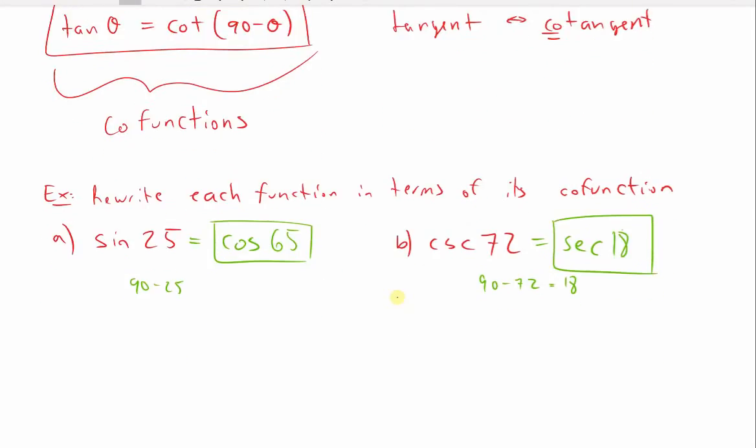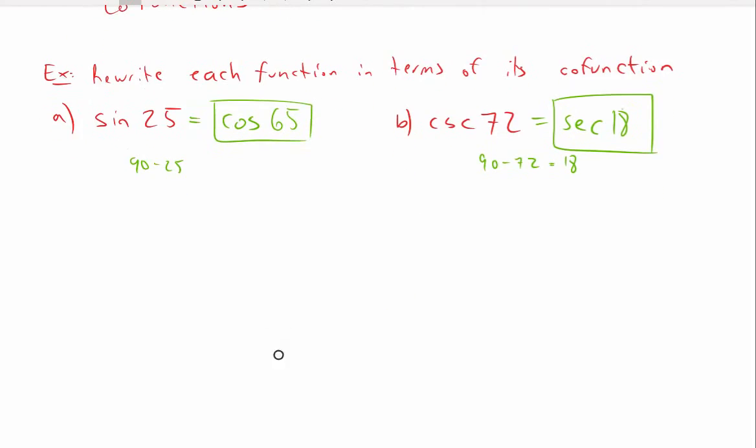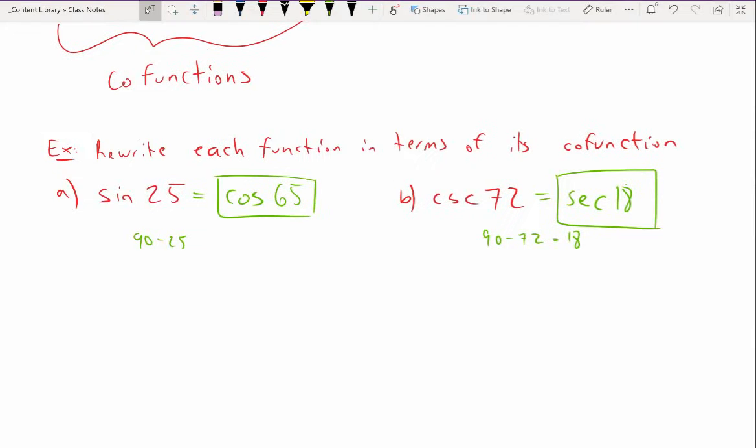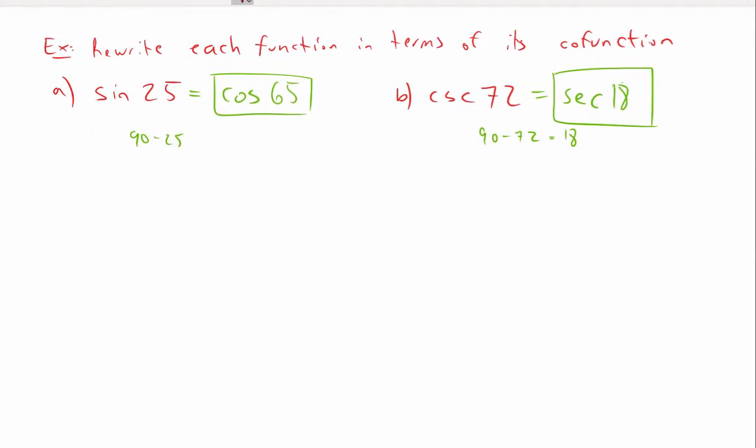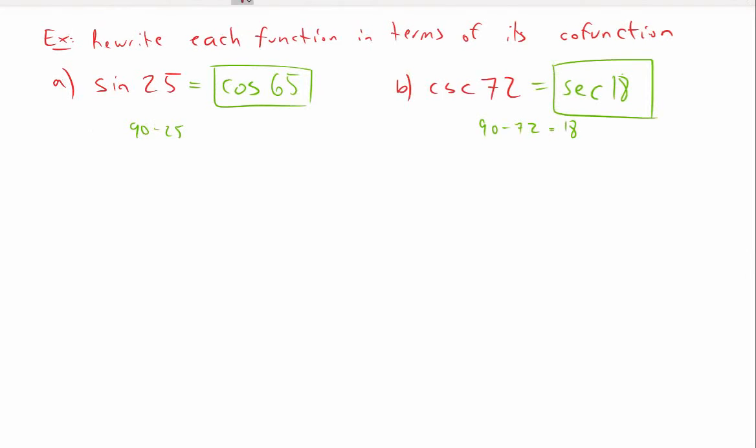What's another type of problem we might see on your homework, or on a quiz or a test? The directions might say, instead of just rewrite in terms of its cofunction, write as a function of an acute angle less than 45, or write as a function of an angle less than 45.